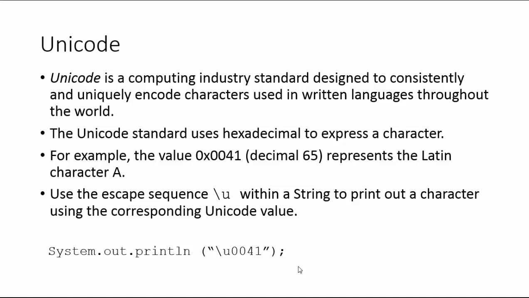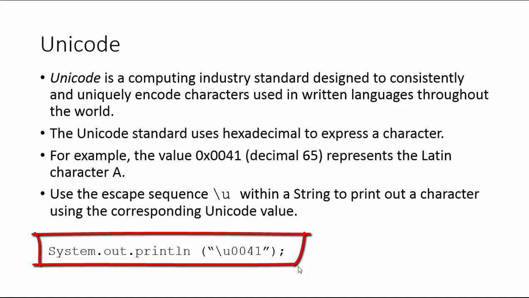For example, the value 0041, which is decimal 65, represents the Latin character uppercase A. Use the escape sequence \u within a string to print out a character using the corresponding Unicode value. For example, System.out.println, and in the quotes, if I use the escape sequence \u and I put the 4-digit hex code, it will print uppercase A to the screen.